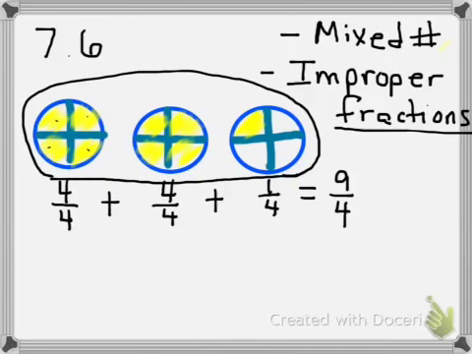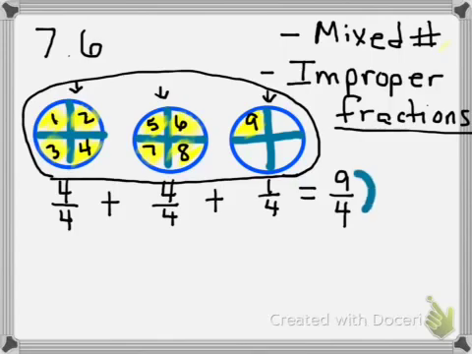So this tells me there are 9 fourths. Well, let's check. There's 1, 2, 3, 4, 5, 6, 7, 8, 9. There are 9 pieces shaded, and they're written into fourths. So each one of these circles is split into fourths. So this is called an improper fraction.